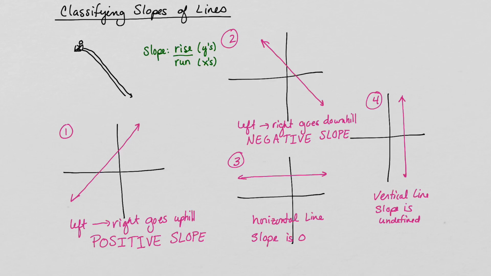I do have a little picture in case you have trouble remembering some of this. You can always draw yourself this little face here. My face is going to have a plus sign on that side, a minus sign on that side. Here's its little nose, and here's its mouth. It's not the happiest looking face in the world.